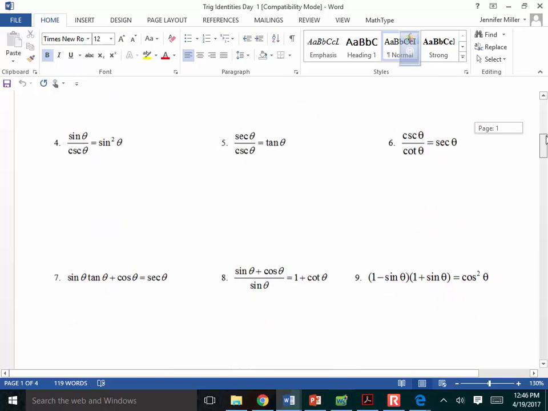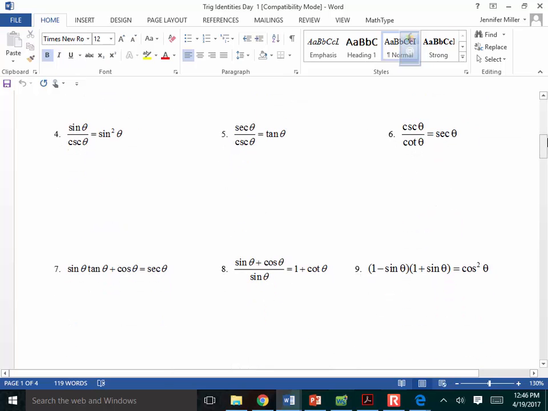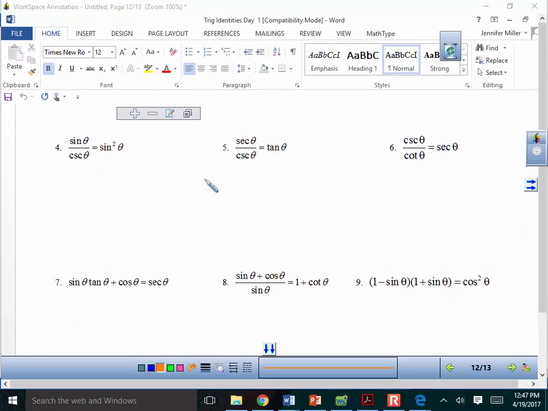On number 5, how can we rewrite the secant, Hiram? Because we know tan of theta is what we want to leave alone, right? How do we rewrite the secant of theta? Very good. This is 1 over cosine of theta.